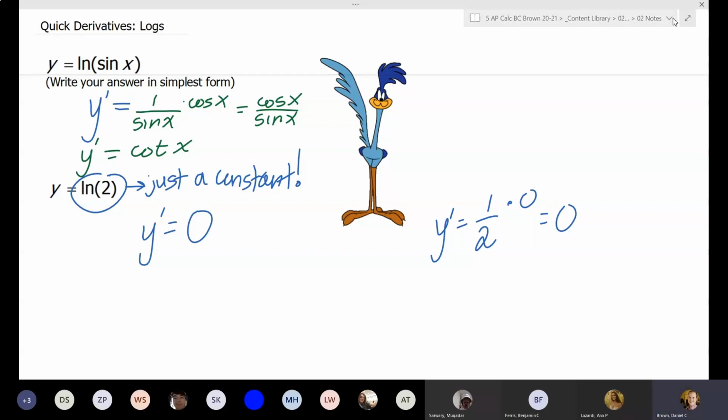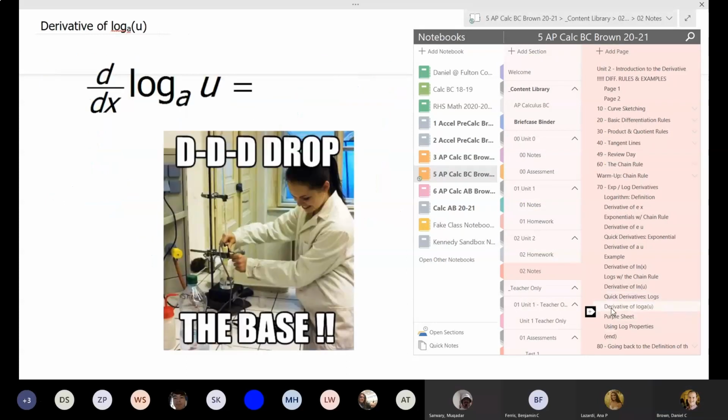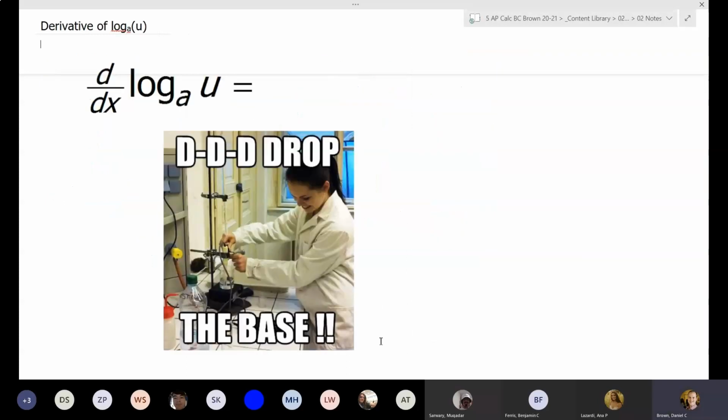And then the last rule I wanted to show you is the derivative when you do not have a natural log. When you have a log of any other base, so base 9, base 10, base 2, anything but e, its formula looks the same in many ways. We still have 1 over the inside. We still have the chain rule.